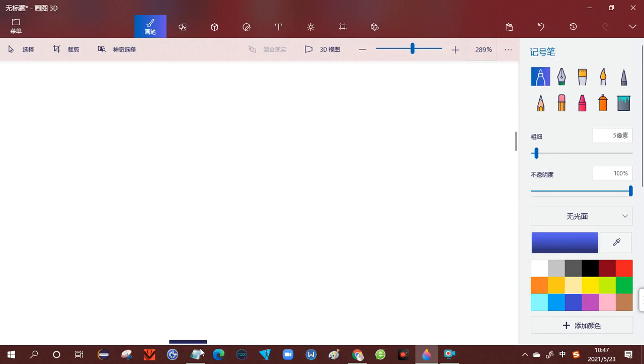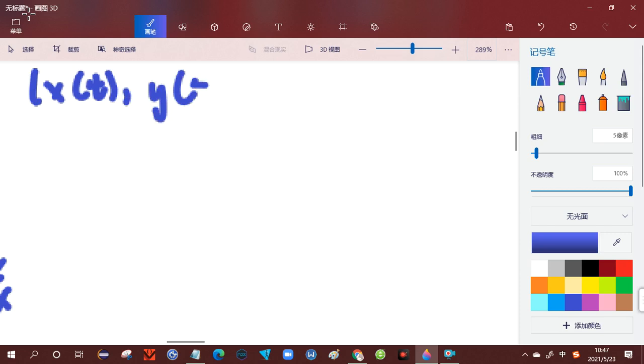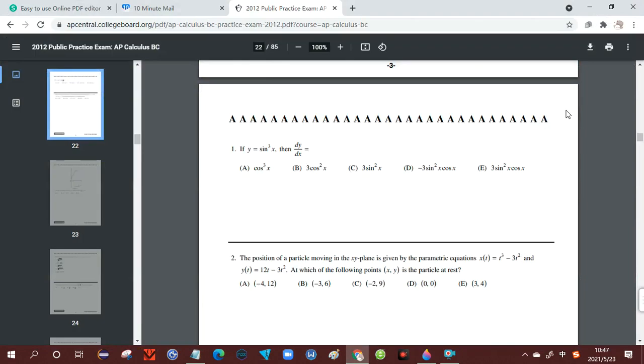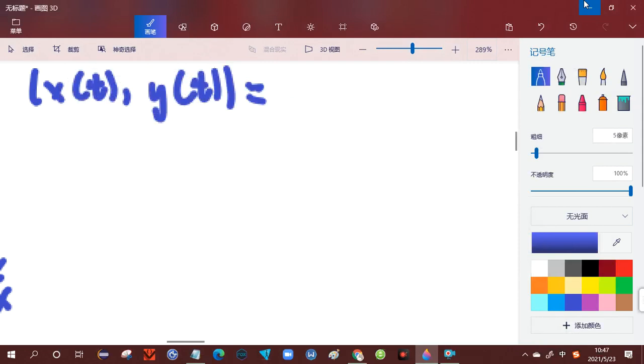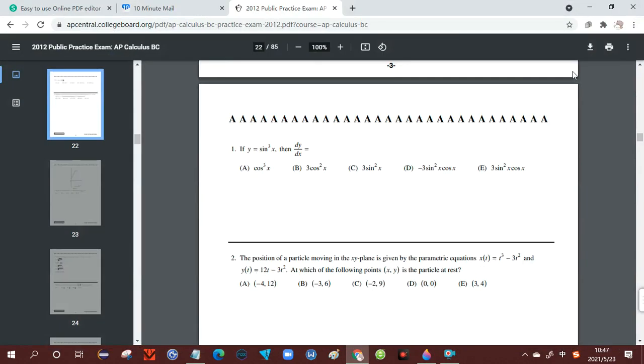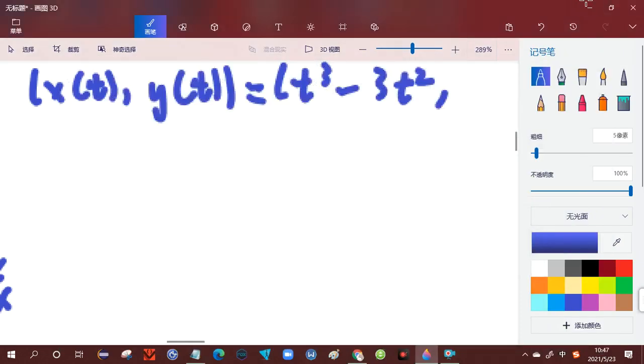Now let's look at problem 2, which involves parametric functions. Here x(t), y(t) is equal to t cubed minus 3t squared for the first, and 12t minus 3t squared for the second.